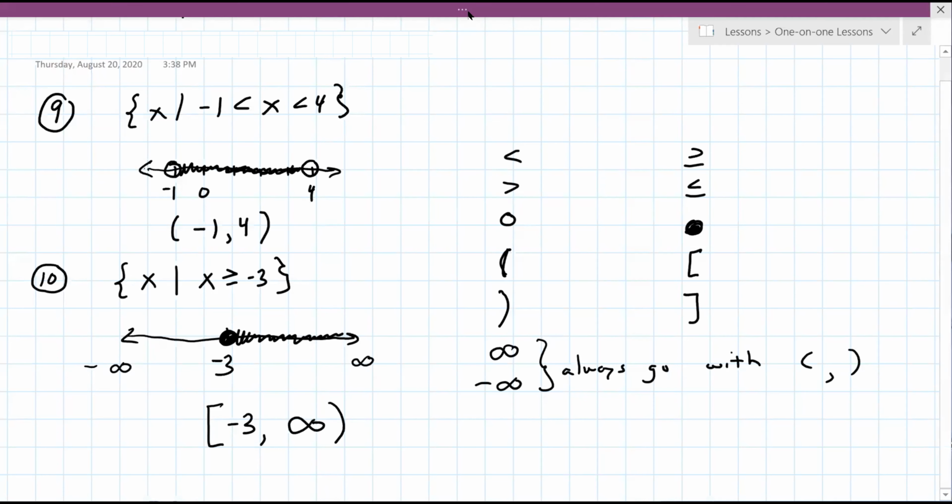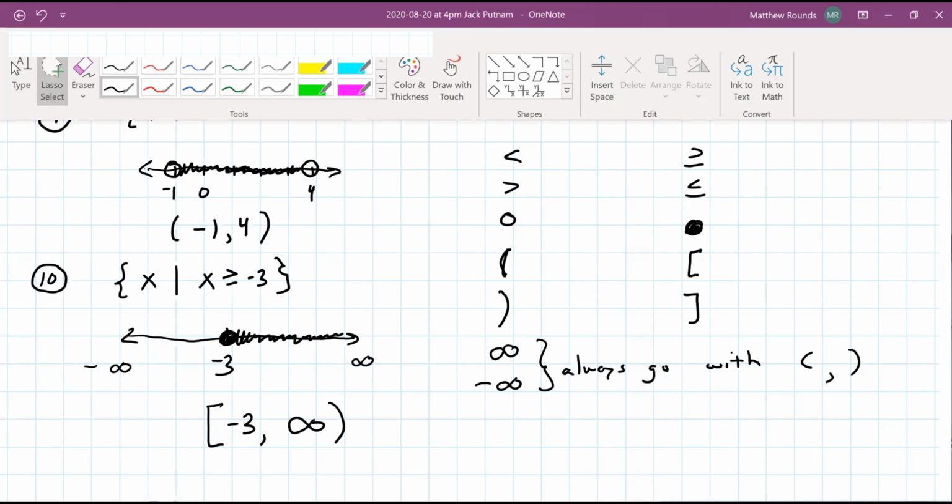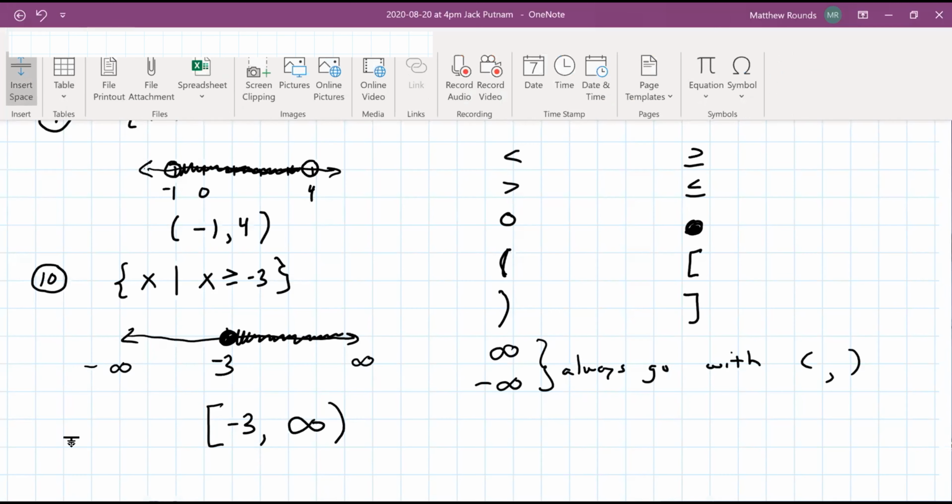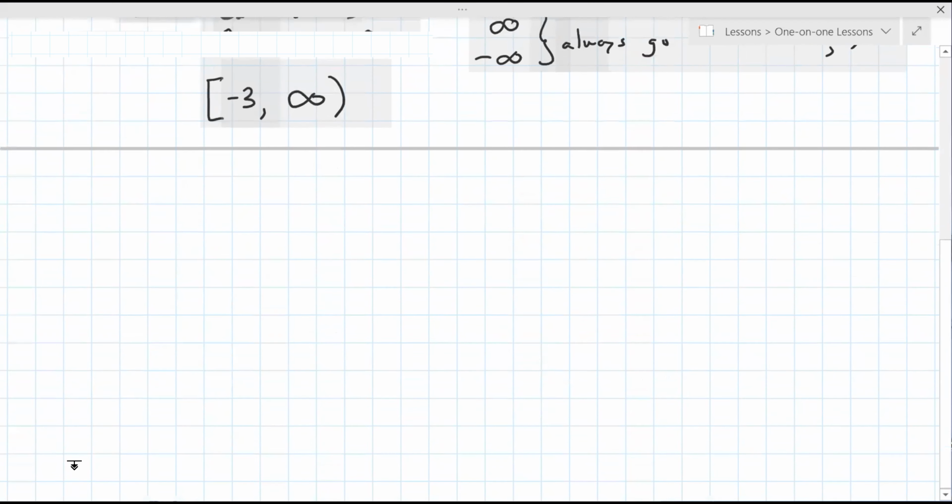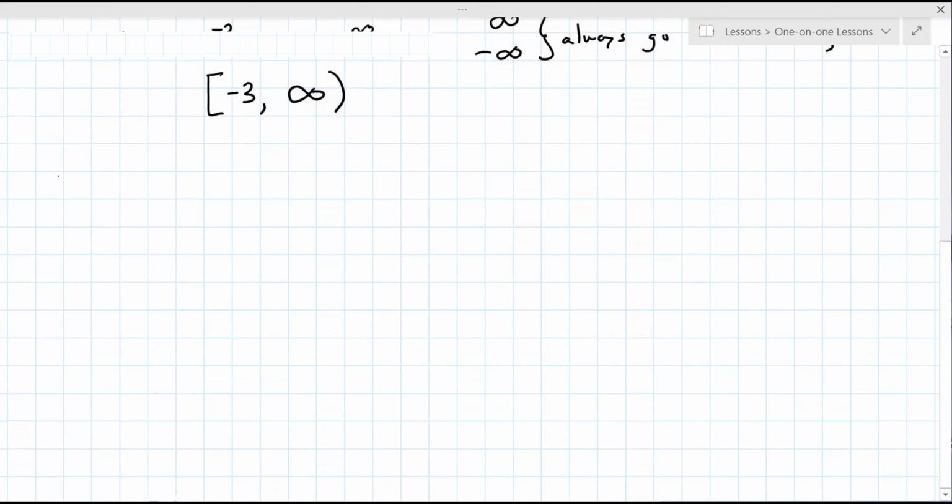Let's see. Subset of x, x is less than 0. Okay. So write out this number line. 0. And x is less than 0, so it'll be a hollow circle, and it'll go off to the left.